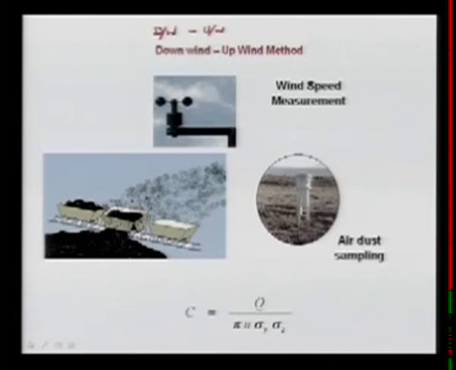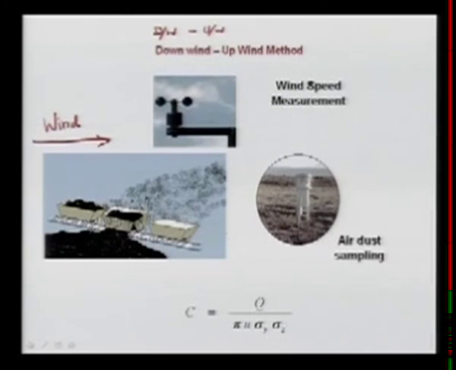In the downwind and upwind method, the emission is not occurring vertically, but is a horizontal emission. Suppose the wind is blowing like this from the source, and you are measuring the dust.